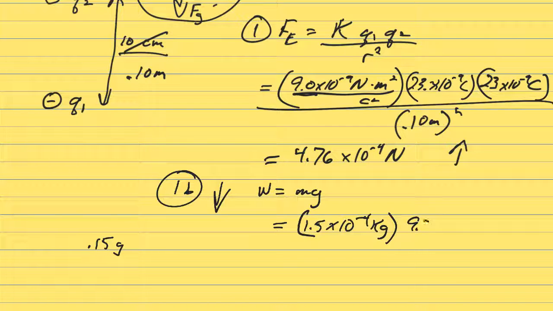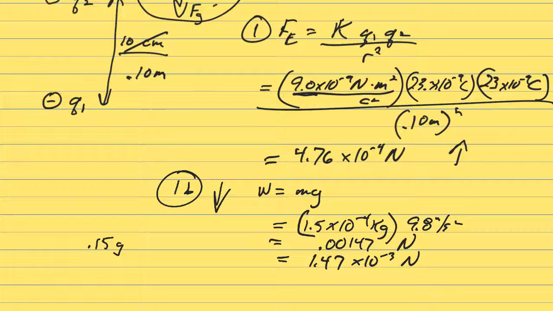And gravity's 9.8 meters per second squared. Let's throw that in our calculator. 1.5 EE negative 4. Let's multiply that by 9.8 and get 0.00147 newtons. I'd probably want to say 1.47 times 10 to the negative 3 newtons.